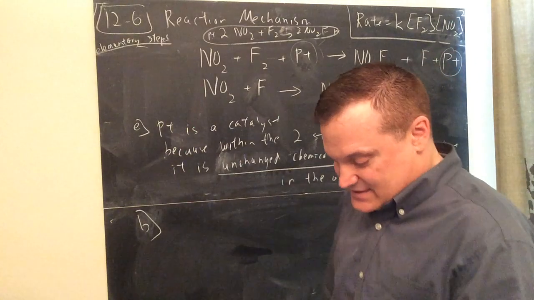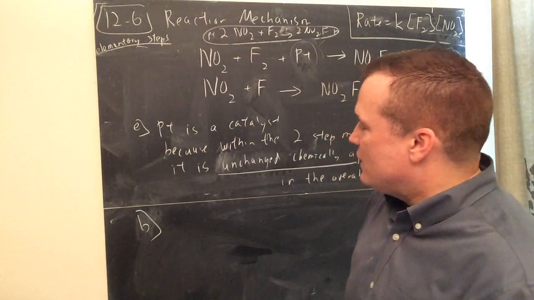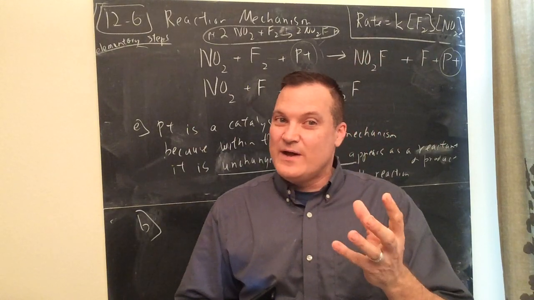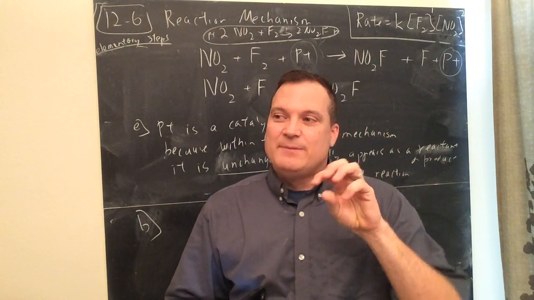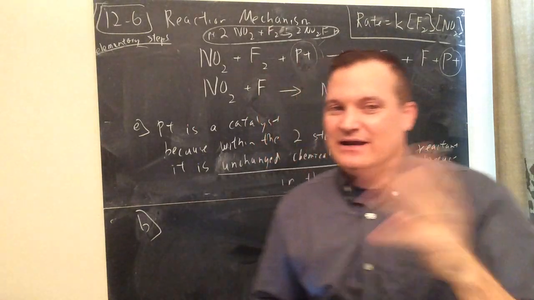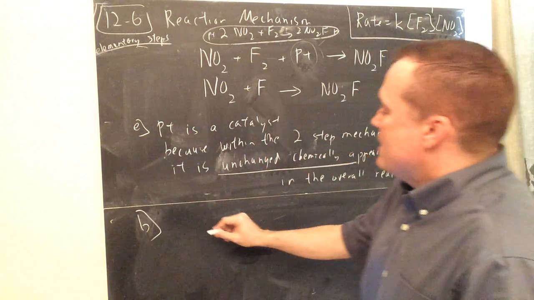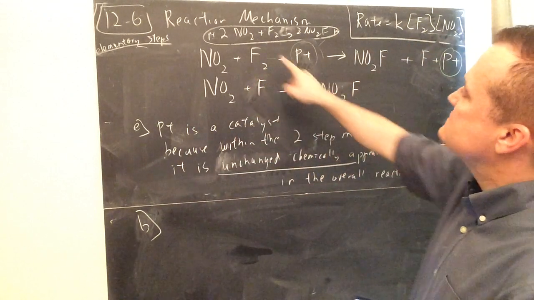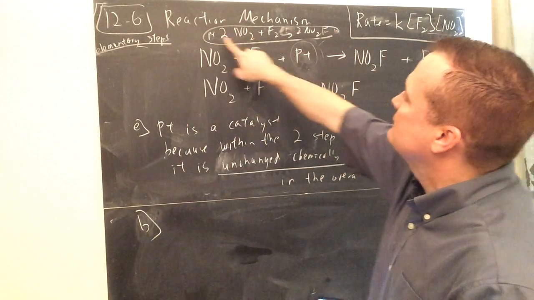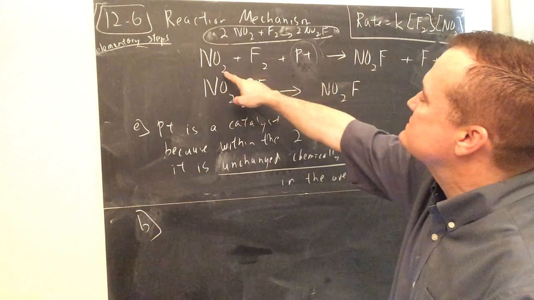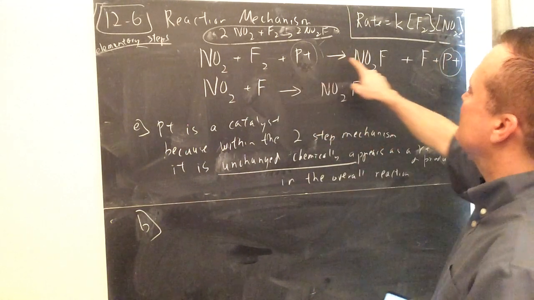But for B, it says what intermediates are involved. An intermediate is a chemical substance that is produced along the way. Remember, I showed you one a moment ago. But then it is used up and it disappears. So notice this. It does not appear in the overall reaction up here. Is there a chemical here that is produced and consumed? You'll notice NO2 plus F2 with platinum gives you NO2F.